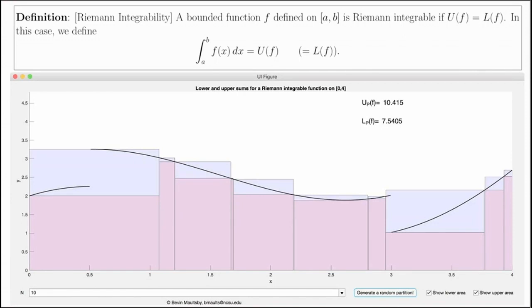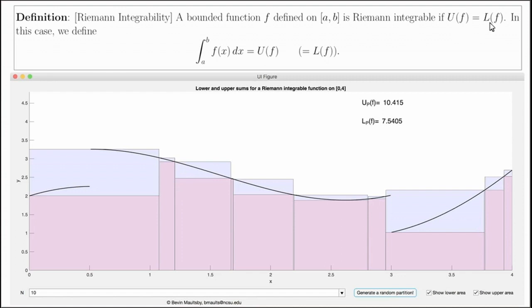Now we're ready to define what it means to say that a bounded function over the domain from A to B is Riemann integrable. We just saw that the upper integral of f is always greater than or equal to the lower integral because all upper sums are greater than or equal to all lower sums. If it turns out that those upper sums come down and meet the lower sums, then our upper integral will be equal to our lower integral.